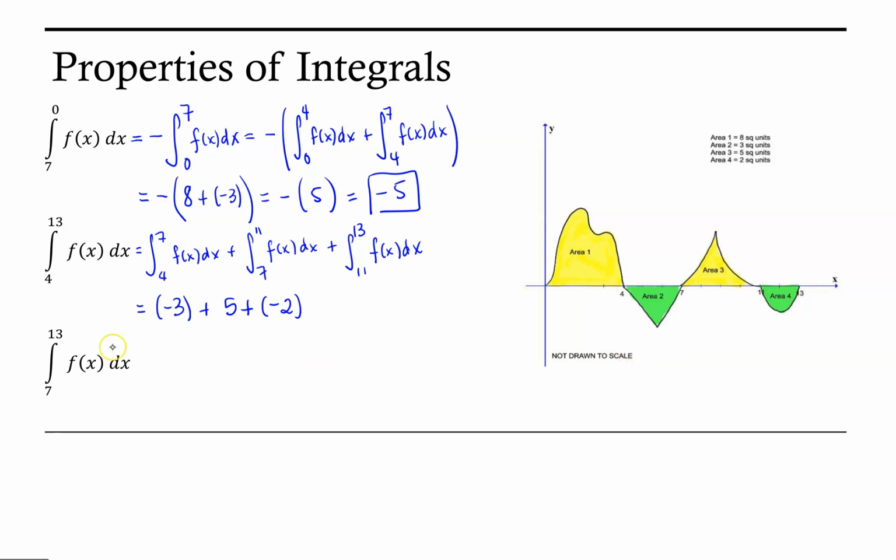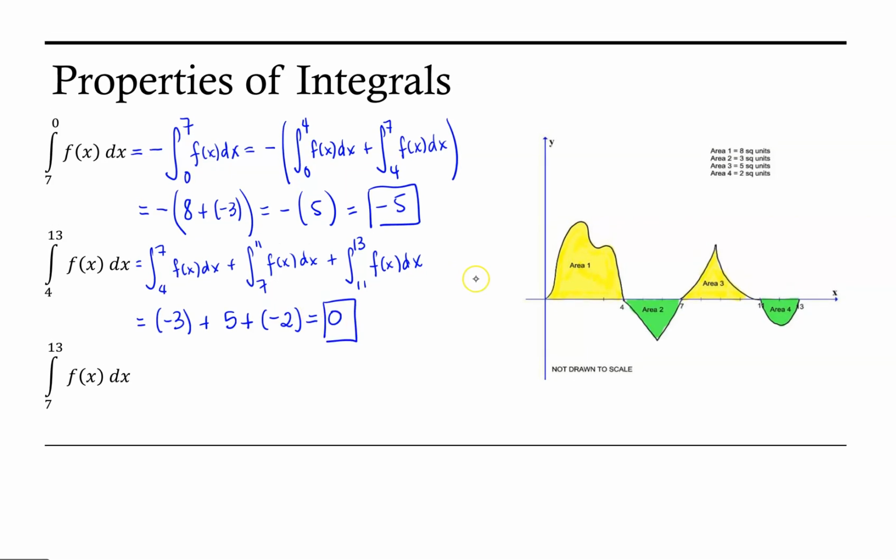And so we have negative 3 plus 5 plus negative 2, which is 0. So what this means is that the area above the x-axis is the same as the total of the two areas below the x-axis.